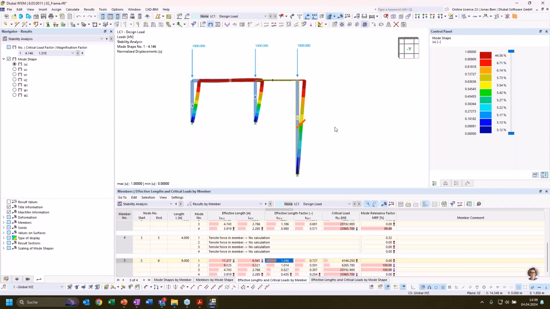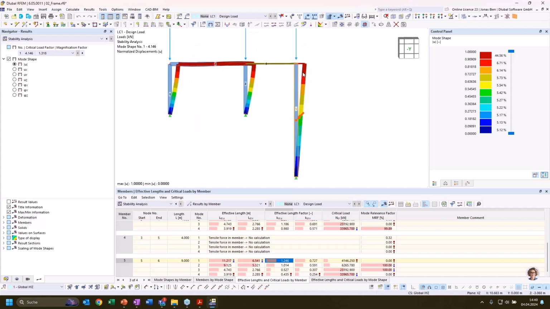And that would be a bit strange, because when I design this and it's pin supported at both ends, I would assume that this is designed for the Euler case too. So I would assume a buckling length factor of 1. And in fact, when we look a bit closer, we can see that the column has no local deformation. It's just rigid body motion that comes from the two-hinged frame.